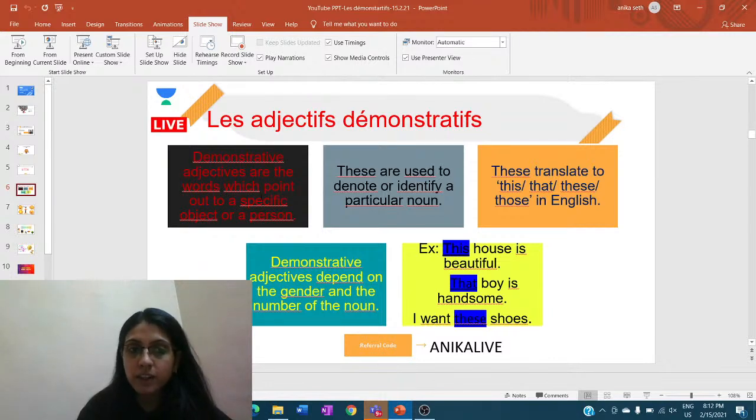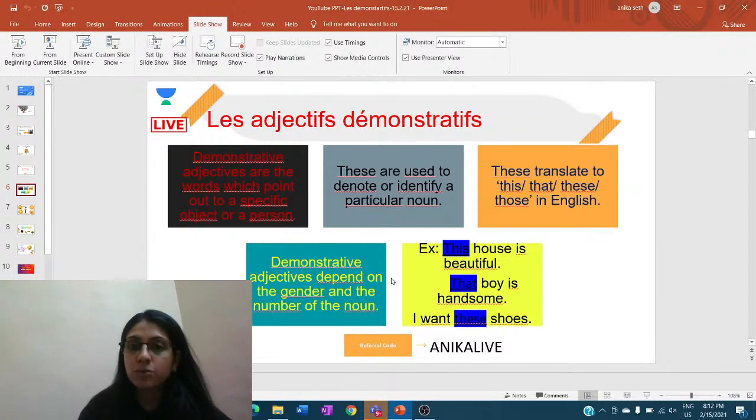Demonstrative adjectives are the words which point out a specific object or person. These are used to denote, to identify, to refer to, or to point out a particular noun.